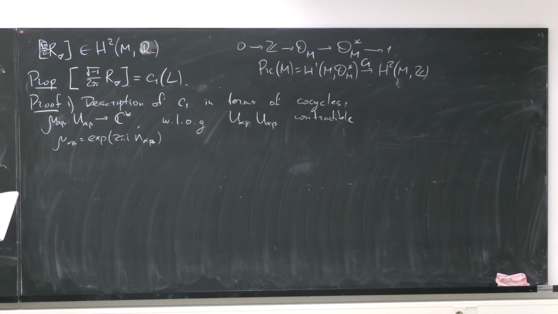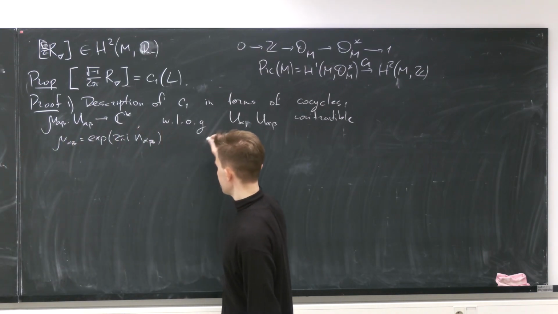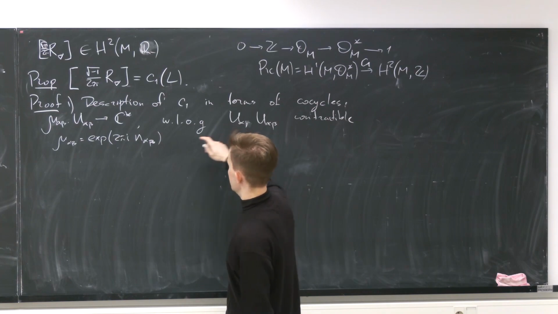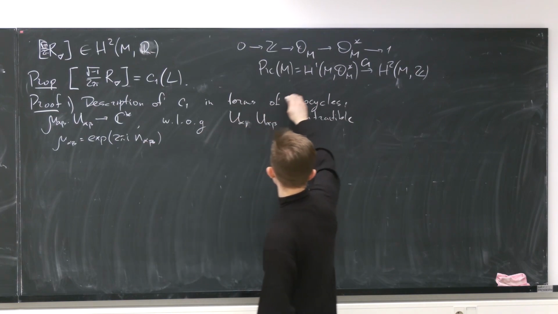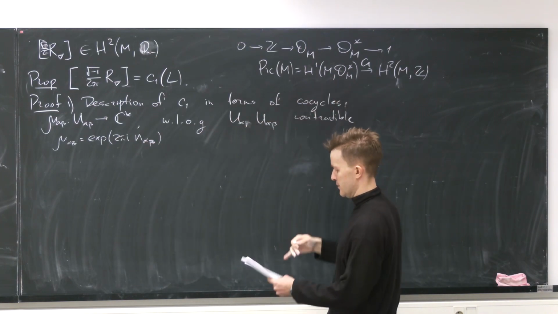Because those u alpha beta are so small, this can be done. Because they are contractible, you can always find these functions m alpha beta. And so that's one cocycle that gives me a class here in H1.